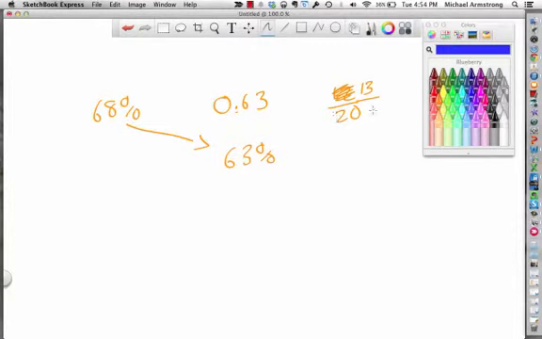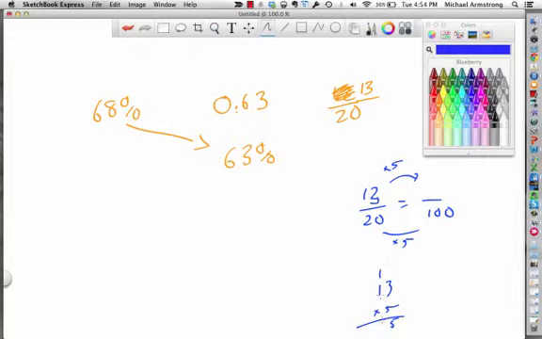Over here we got more issues. We've got to change this into either a decimal or a percentage. And we're going to start by changing 13 twentieths into 100. Okay, so 20 goes into 100 5 times. 20 times 5 is 100, 13 times 5 is 65.